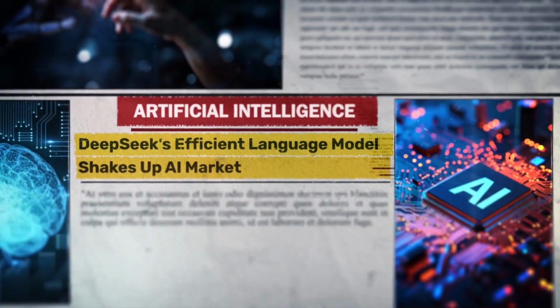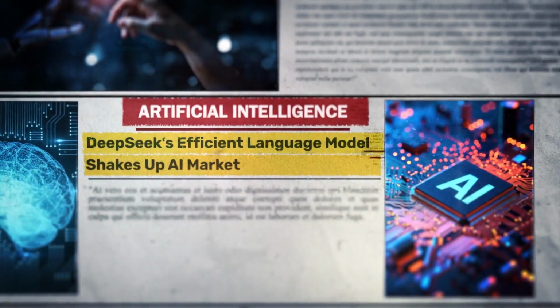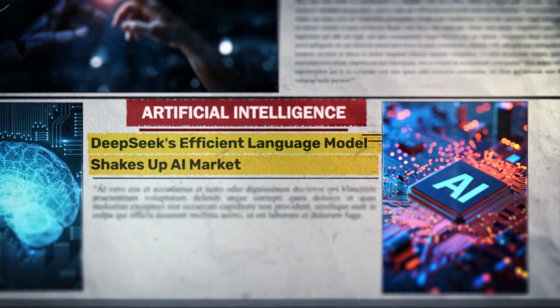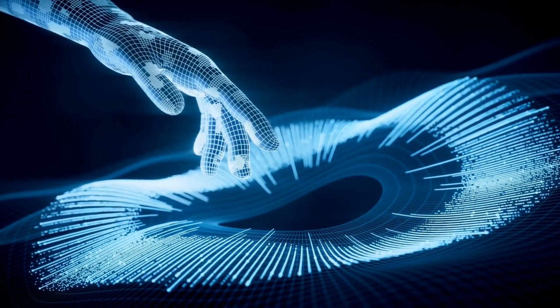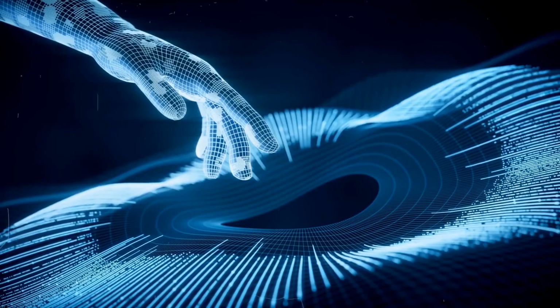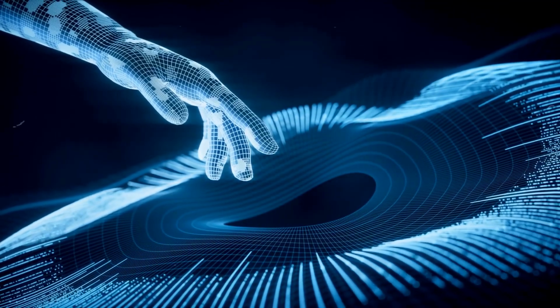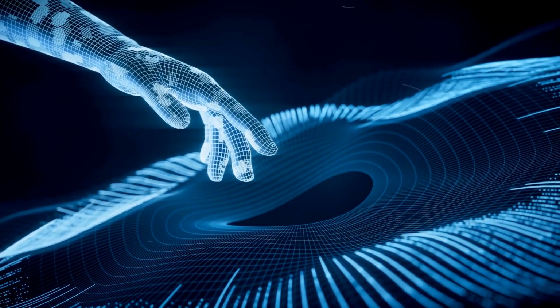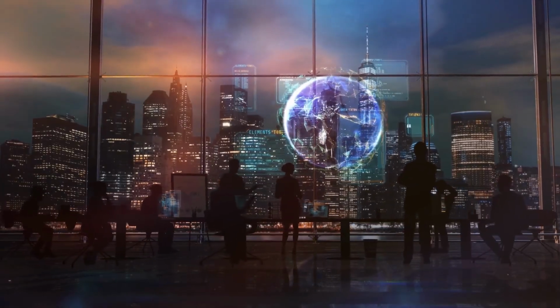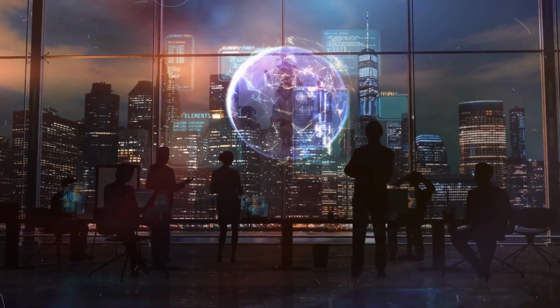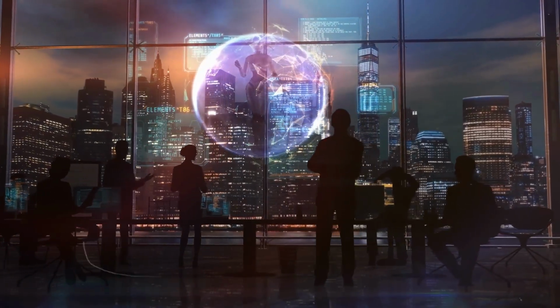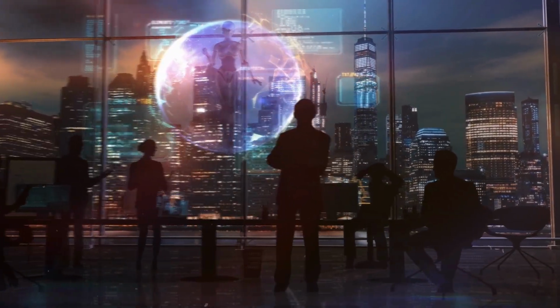The logic is simple: give the world powerful tools for free, and you build influence faster than by selling premium subscriptions. And it's working. Within hours of launch, DeepSeek v3.1 shot into the top 5 trending models on Hugging Face. The developer community reaction? Overwhelming. Even Hugging Face's own head of product tweeted, "Open source AI is at its peak," pointing directly at DeepSeek.